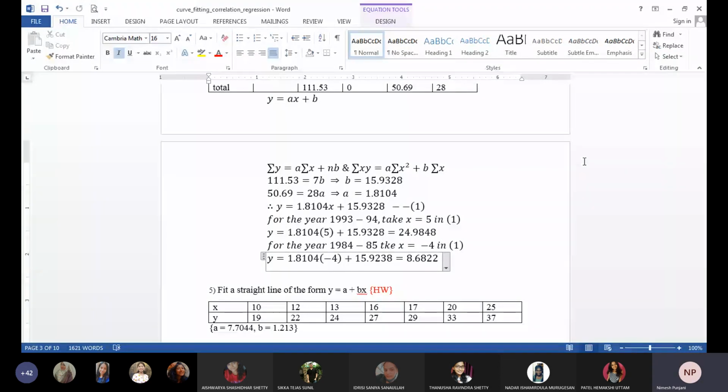Check karo, is this the value of y which you get? So 8.6912 आ रहा है. Yes, sir. Even I got 8.69. एक मिनट. सर आपने वो y का वैल्यू रॉन्ग लिया है. 15.9328.